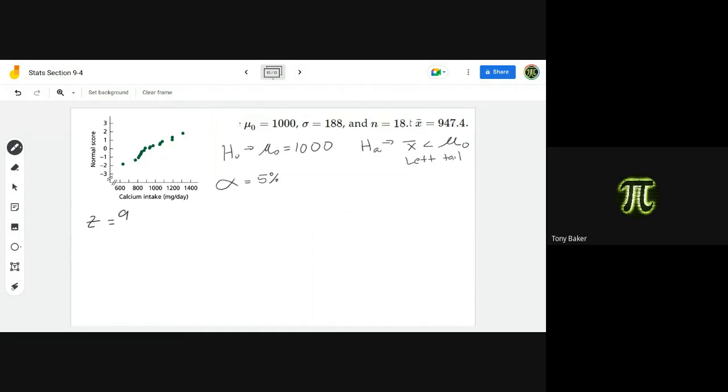So we have 947.4 minus the 1,000 divided by the, what was the standard deviation, 188, divided by the square root of 18. In this case, we get negative 1.19.